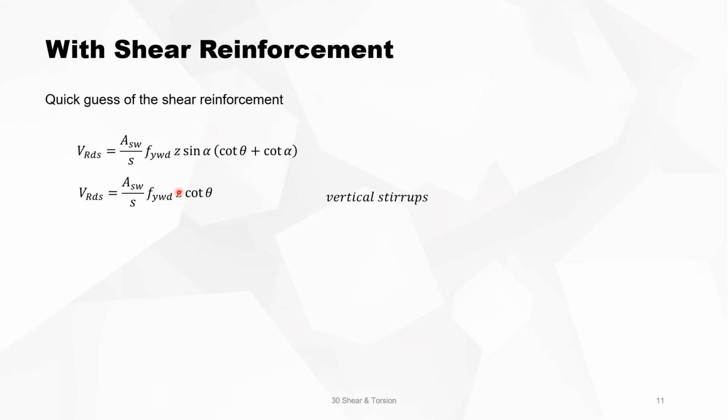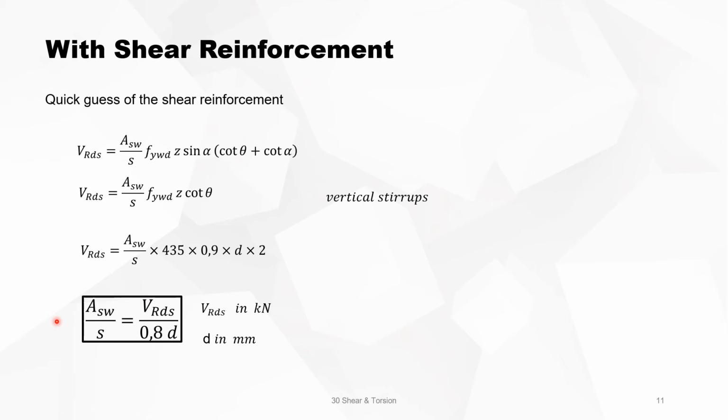Then we have this simplified formula. And fywd for B500 is 435 megapascal, Z is 0.9 D, and cotangent theta we take 2, the maximum value for cotangent theta, which gives you the minimum amount of reinforcement.